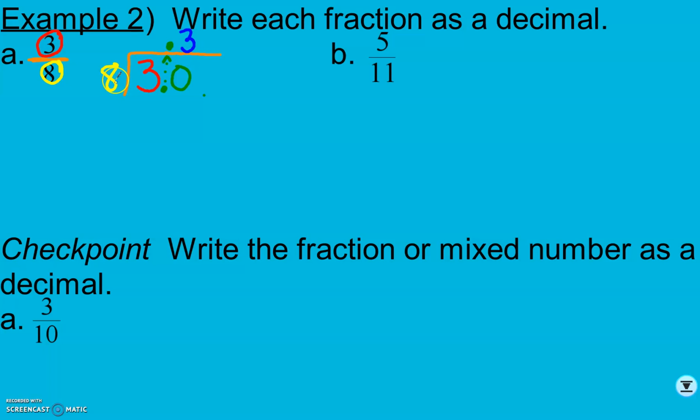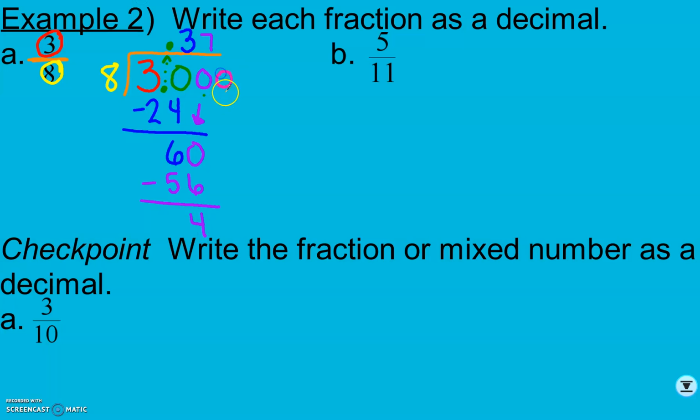Now I multiply it back. 8 times 3 is 24. Subtract, and we get 6. I'm going to bring down another 0. 8 goes into 60 7 times. When I multiply that back, I get 56. Now I subtract and get 4.